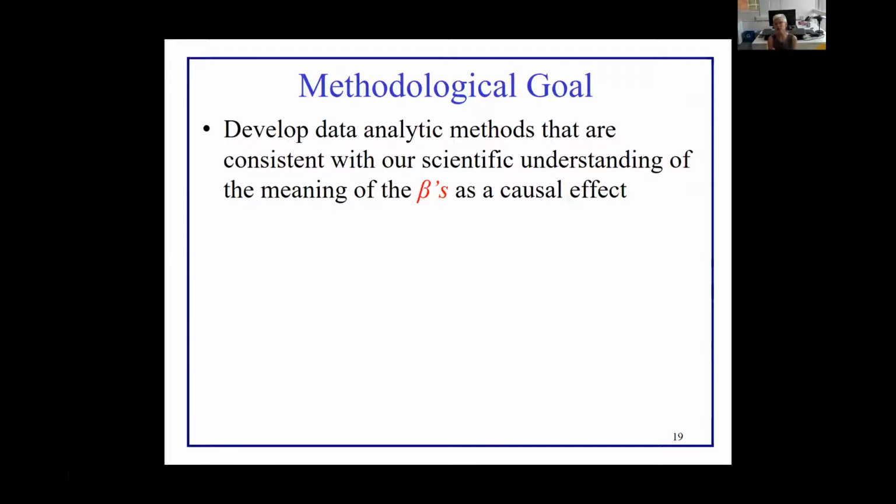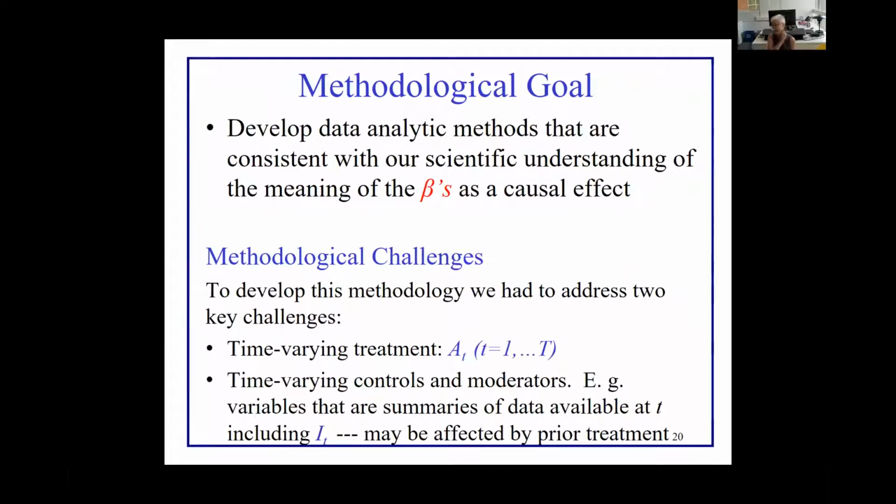They do have a marginal meaning because we're never able to include all characteristics of the individual. We didn't even measure all characteristics, so it's always marginal over those characteristics. But it is causal. So we want to make sure whatever we do, we can still have that scientific content. And in order to have that, there are some real challenges.